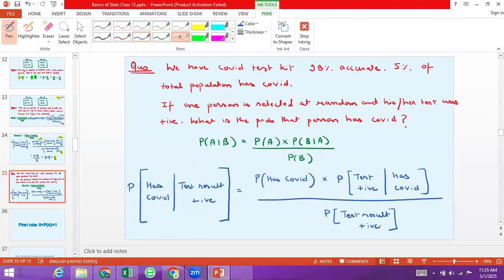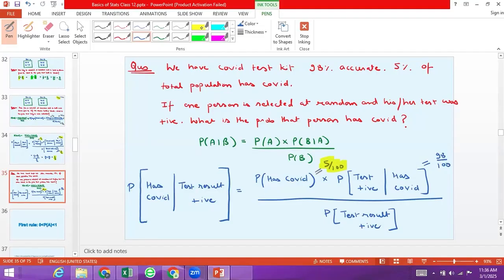Okay. Now, what is the probability that someone has COVID? 5%, so 5 by 100. The second one: what is the probability that the test will come positive if you have COVID? 98%.